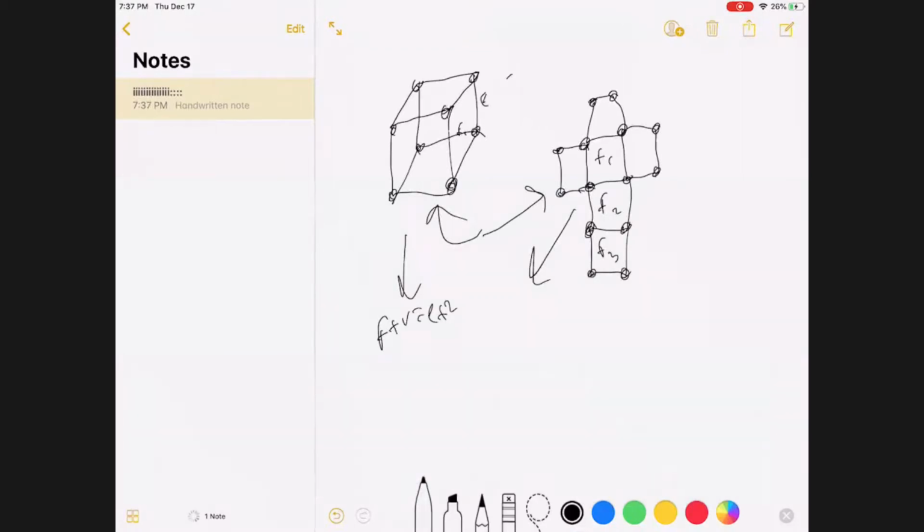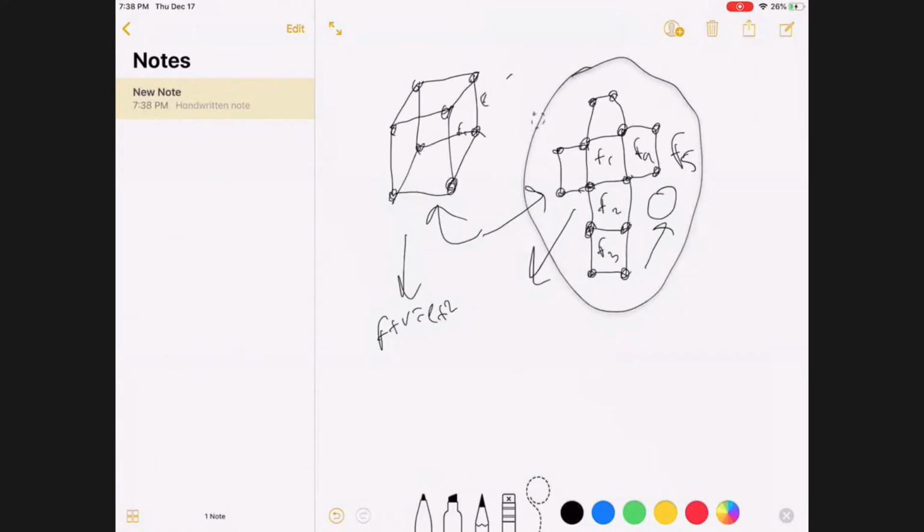It's interesting because the definitions are so vastly different, but the formulas work out to be the same. Actually, in this graph, we consider the outer region as a region. So this would be f1, f2, f3, f4, and we might call this f5. The region that has no boundaries is also counted in Euler's formula.